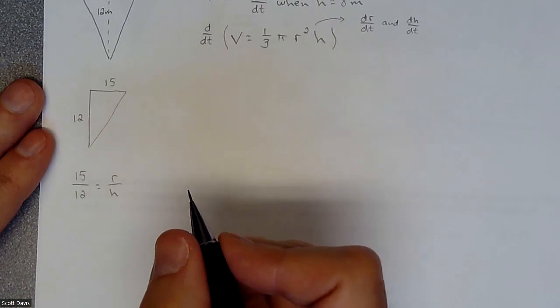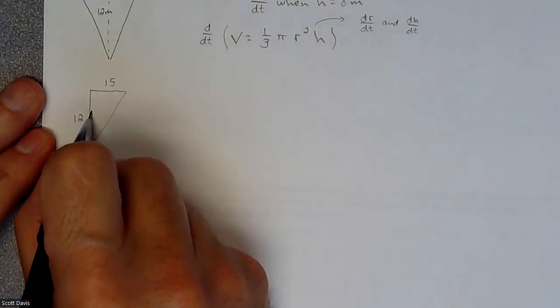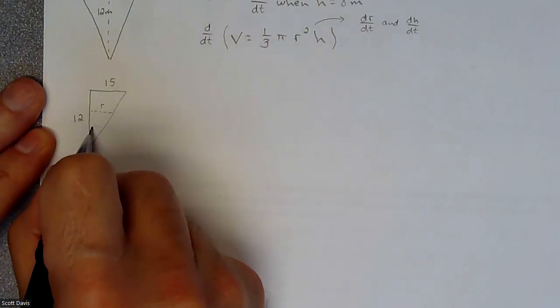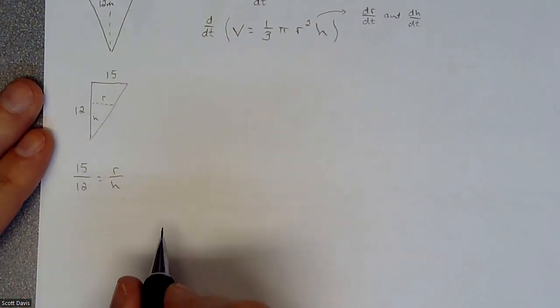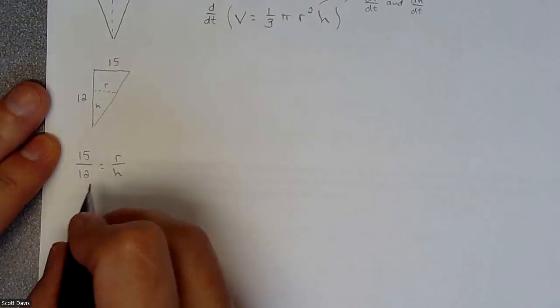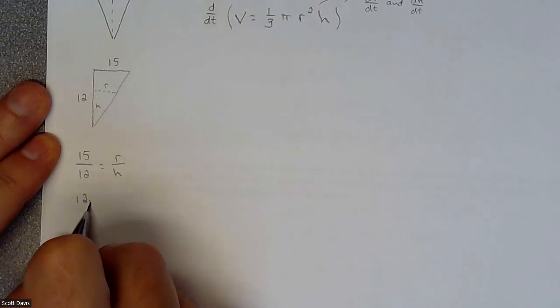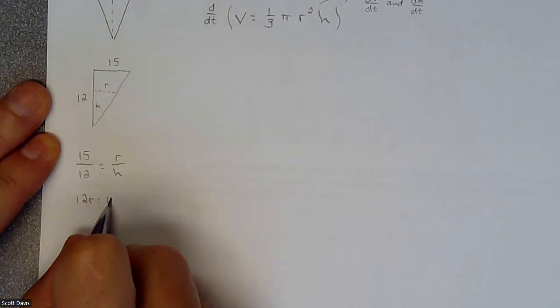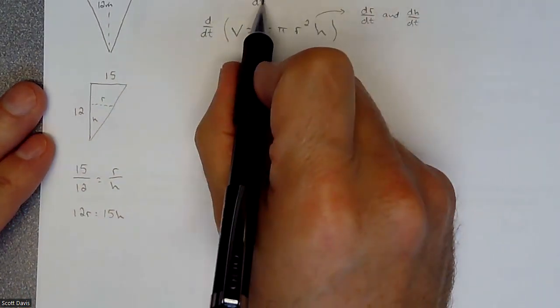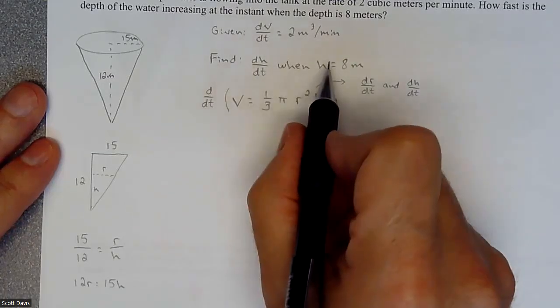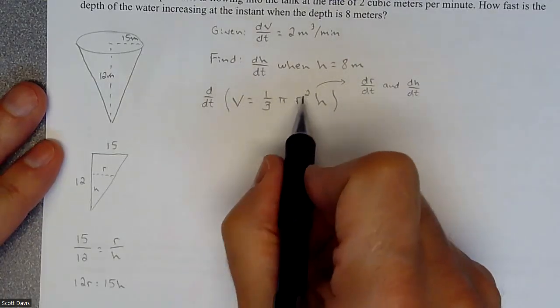It always has that ratio, no matter where you're at. If you're here, we have a radius and we have a height, but it still has this same proportion, which is huge because let's cross multiply. We would get 12r equals 15h. And since we're trying to find stuff related to h, we don't want an r in our equation.